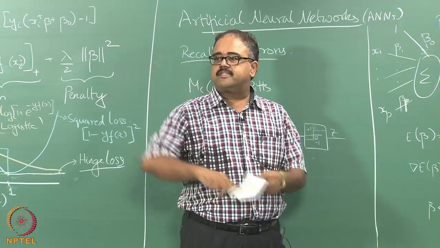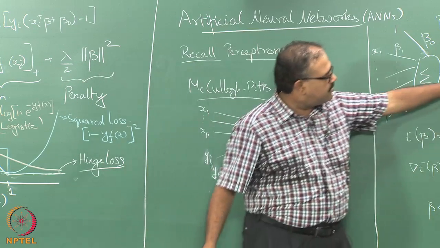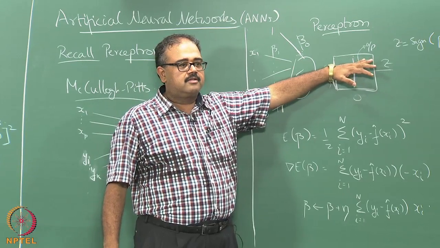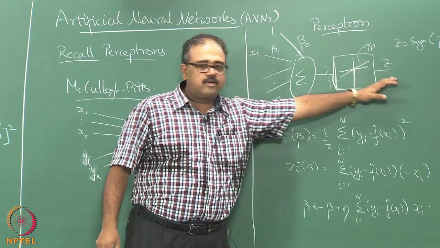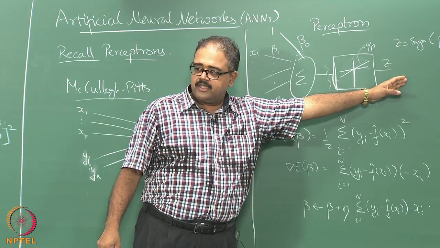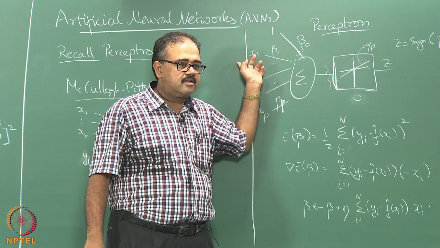Whatever comes as the input will be produced as the output. So fool yourself for a minute that this line has a slope of 1. In that case I can take the derivative of the output with respect to the input. Does it make sense?